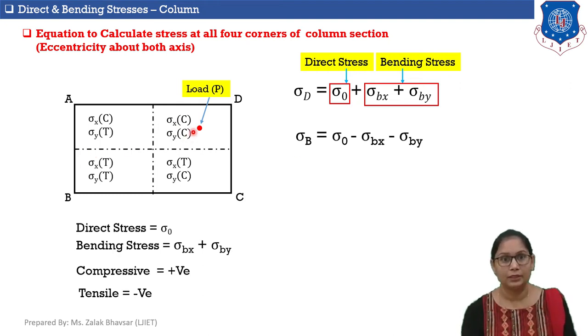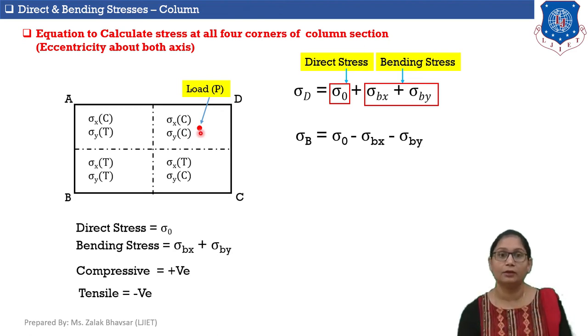For that, we need to again push this point. By pushing this point, you can observe that both the axes of this third quadrant will get stretched. It means tension will be there. And because of that, bending stresses developed in this third quadrant due to this eccentric load will be tensile in nature.